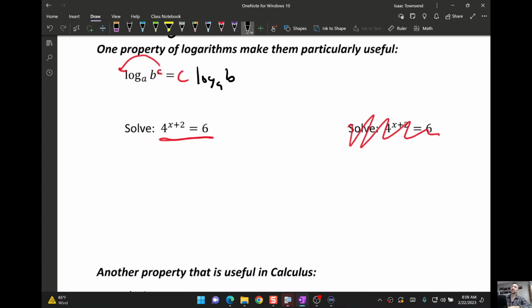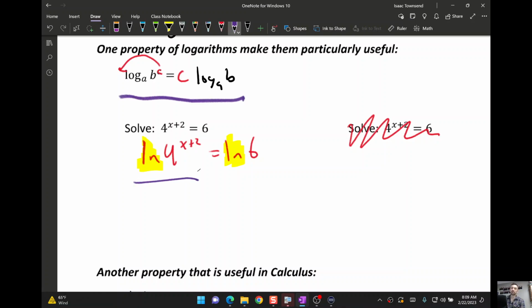Why that is good for this question type that we're going to see over the next couple weeks is you could take the log of both sides. That's fair and balanced because I did it to both sides. And then this side matches this property.